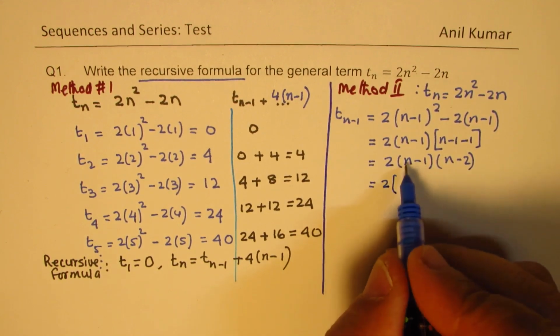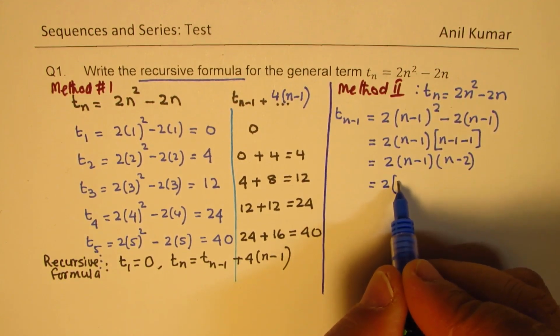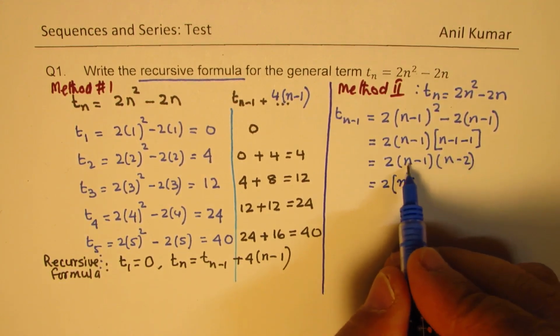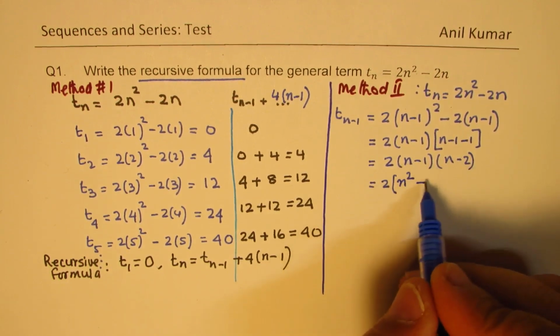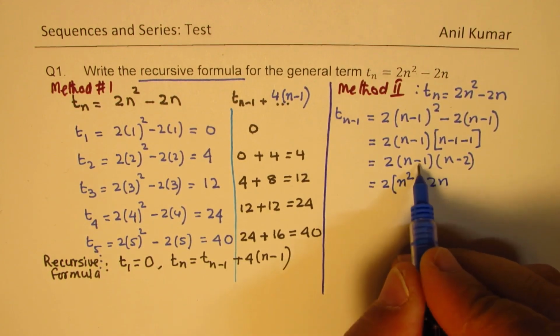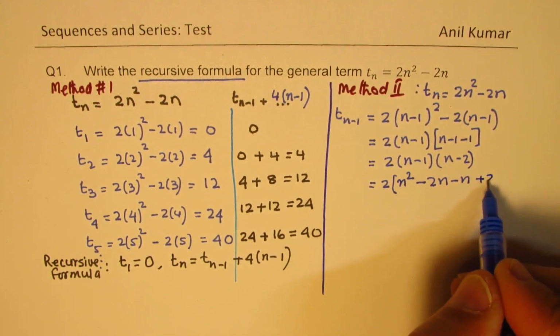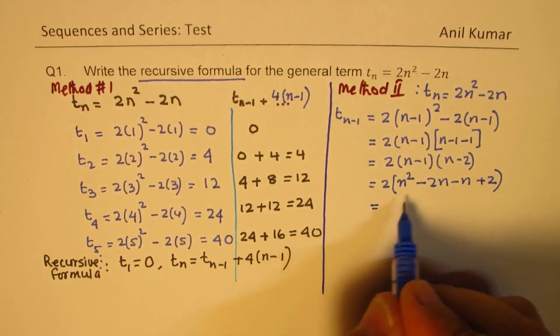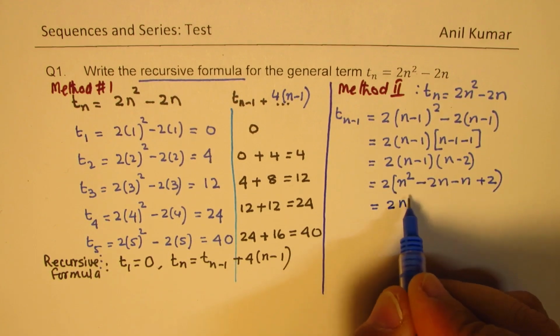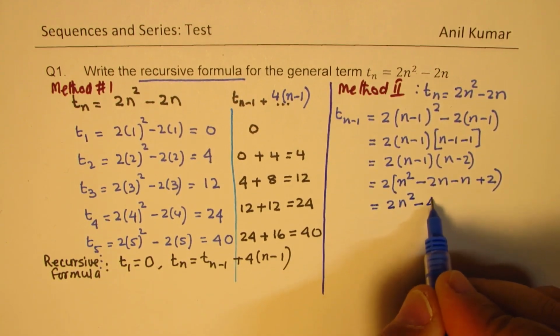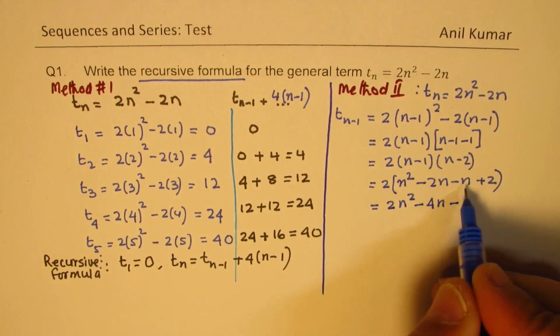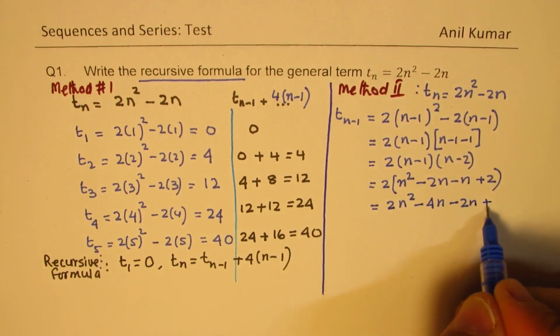We get 2 times n is n squared, and minus 2n, and this is minus n, and this is plus 2. So we do get something like 2n squared minus 4n minus 2n plus 4.